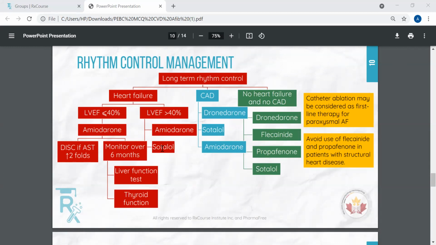However, because of the high recurrence rate, which is up to 50% of patients, there might be a chance for the patient to develop the same problem or a related problem again. So they will try first to control the congestive heart failure, and once we reach the 40%, at that point, we open other choices for ourselves to give the patient sotalol, for example.